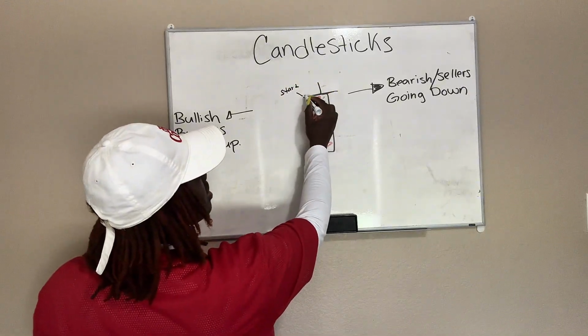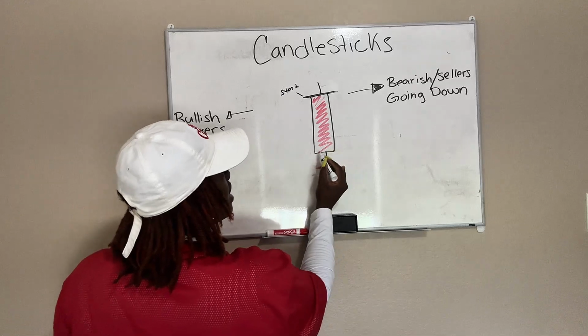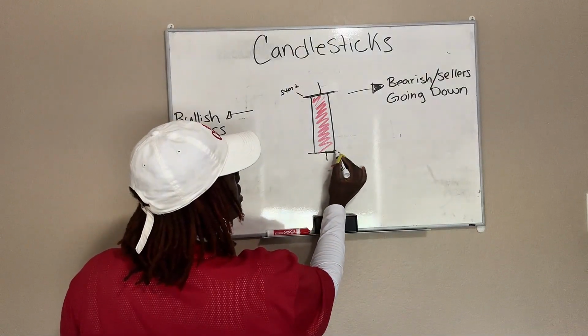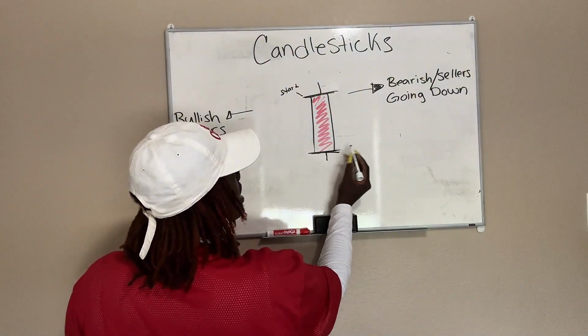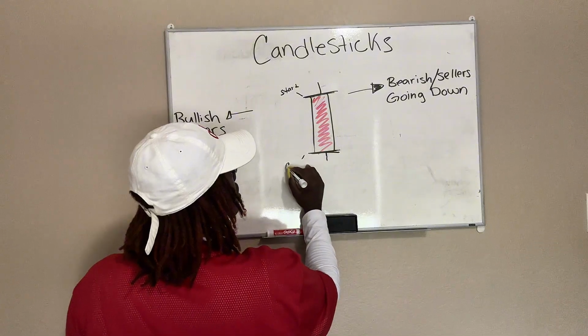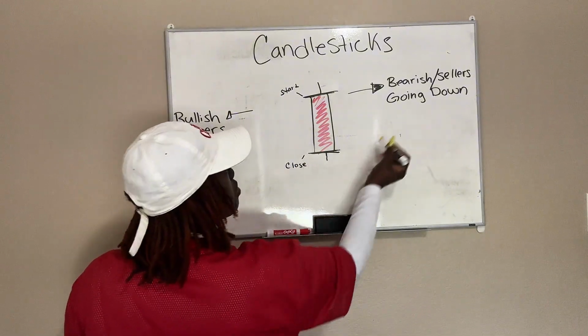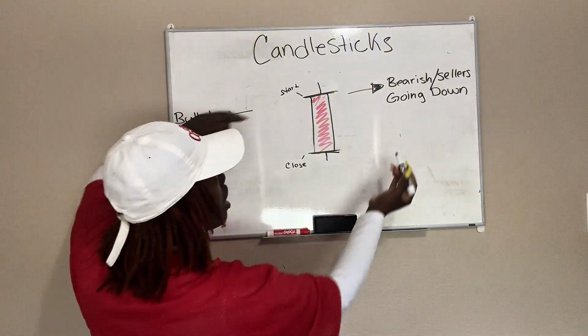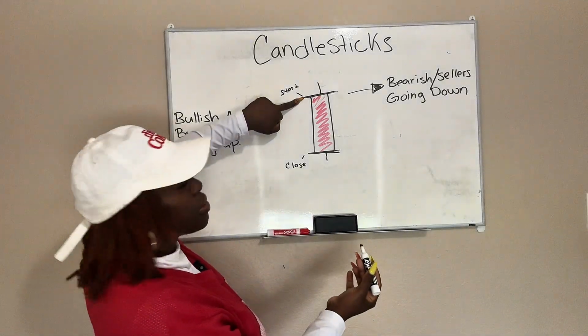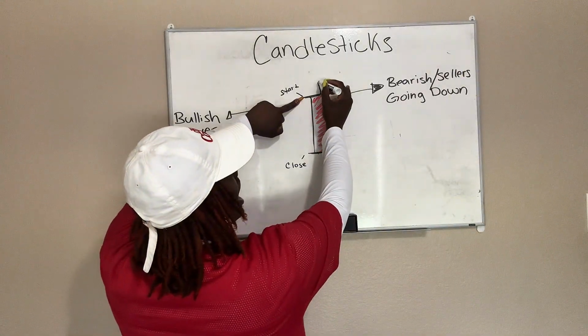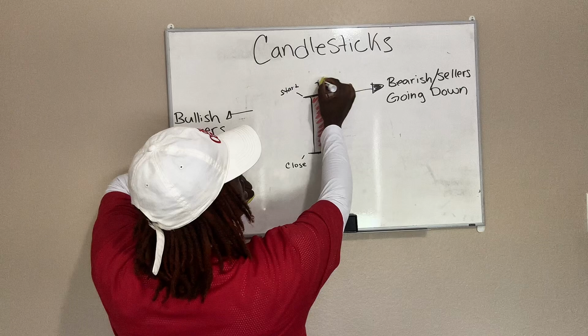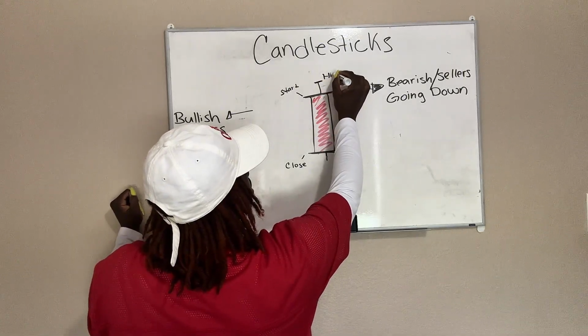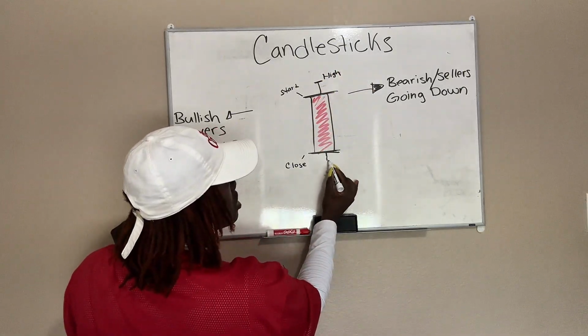It starts here of this candle. And this right here, down here, is where it closed. Because we're going down, this is the top of the candle here. And this is your highest point here. And this is your lowest point here.